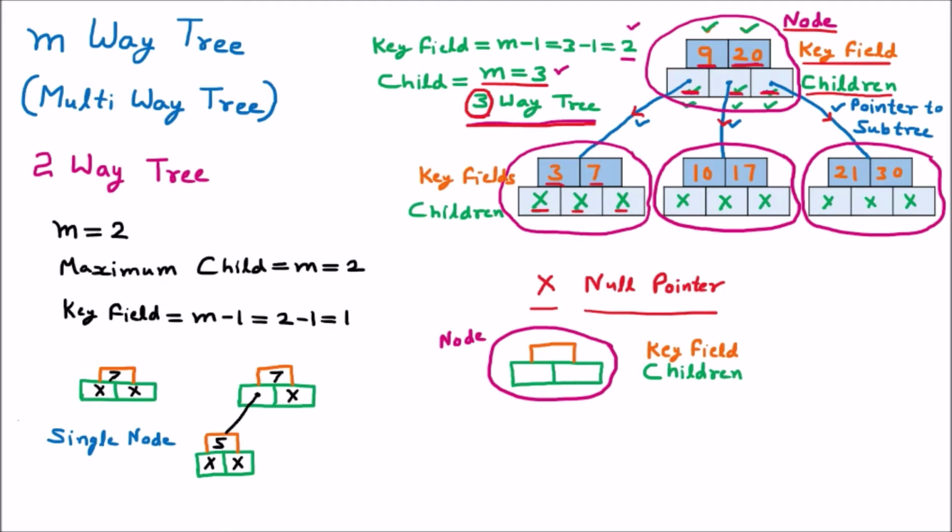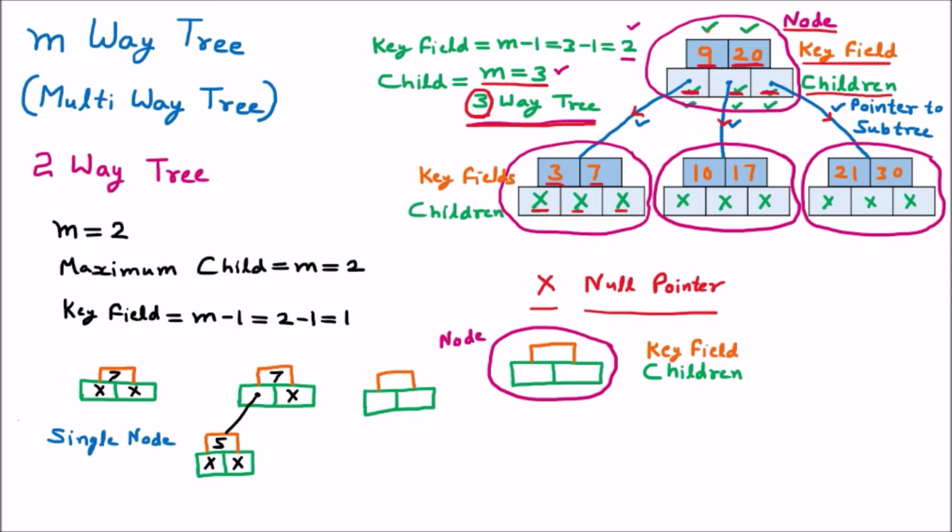Now I am taking one more example. Let us suppose that there is a node which contains 2 children. First of all, we know the criteria that in the two-way tree there can be a maximum of 2 children. So 2 blocks I have created for 2 children. Now M minus 1, so 2 minus 1, means one key is possible.